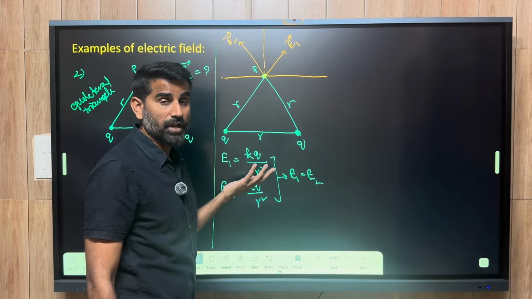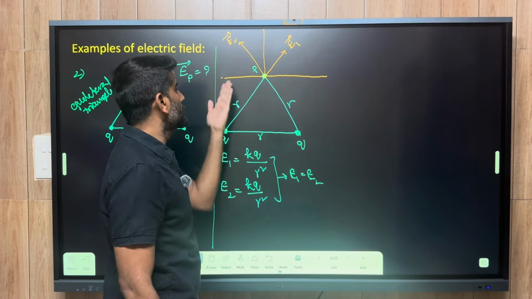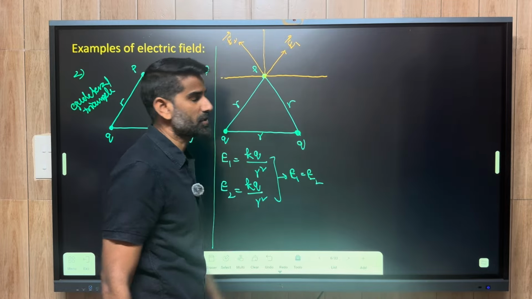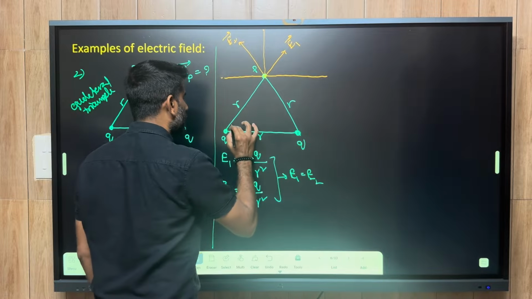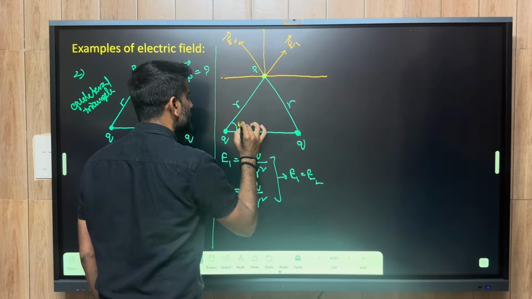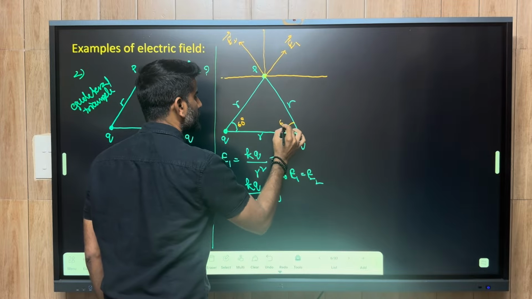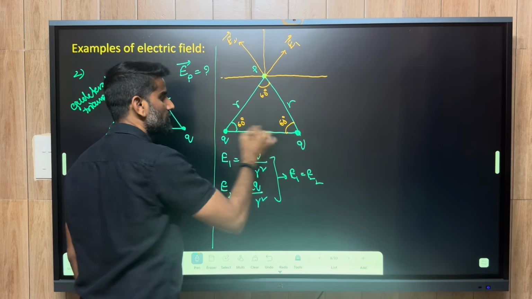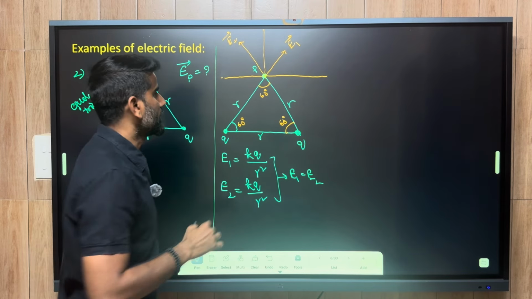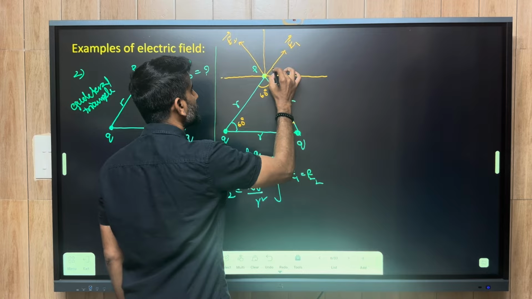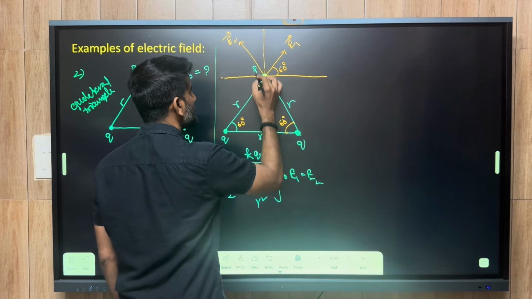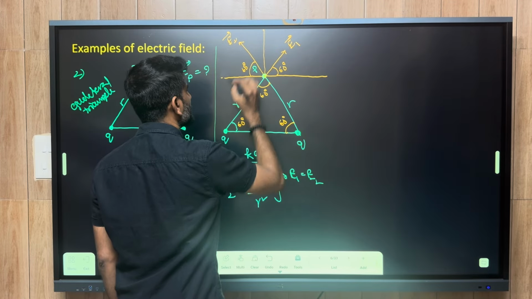You can even directly use the parallelogram law of vectors, but I'm resolving the vectors here, and I follow the simplest method as well. So for E1, what will be this angle? 60 degrees. And what will be this angle? 60 degrees. This angle also will be 60 degrees, because it is an equilateral triangle. If this angle is 60, then this angle also will be 60 degrees.